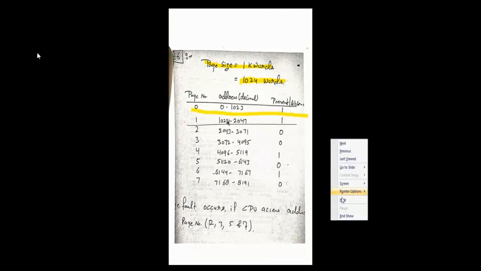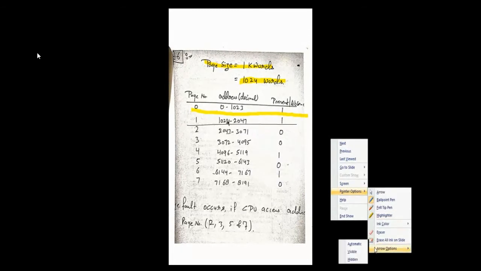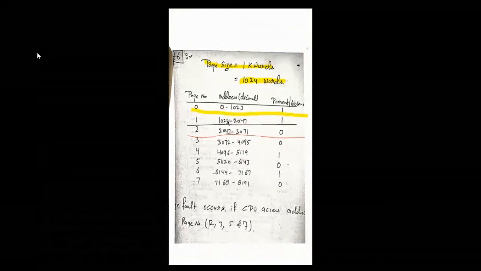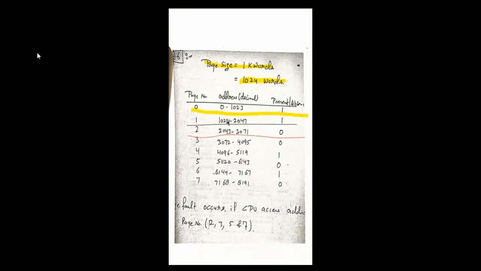Next, let's see page 2. Page 2 starts from where the previous one ends. Page 1 ends at 2047, so page 2 starts from 2048. There is a mistake, please correct it: this is not 2047, this is 2048.